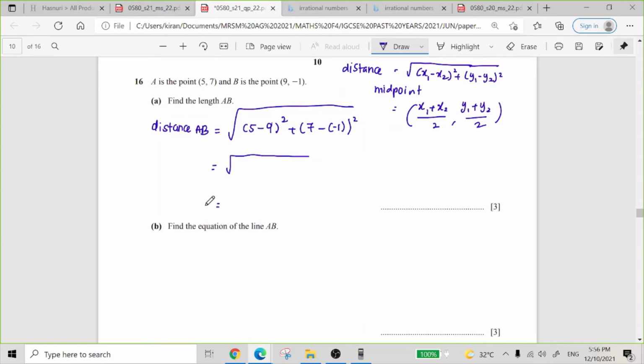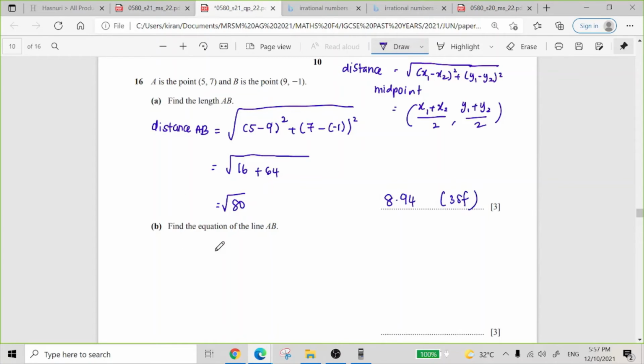So you just find the value of this one, and you get 8.94, three significant figures.